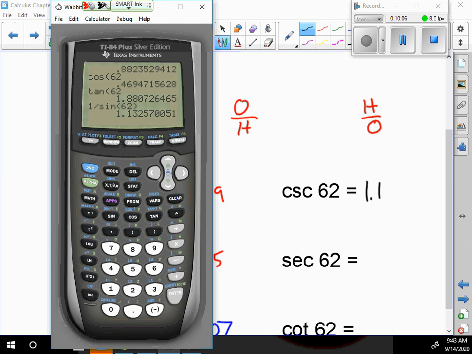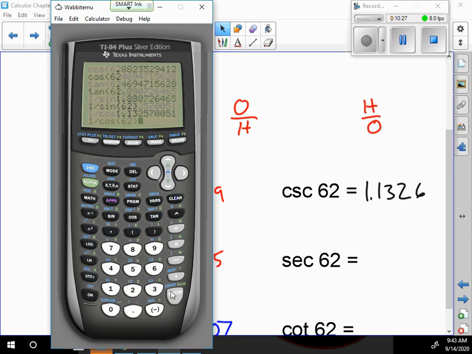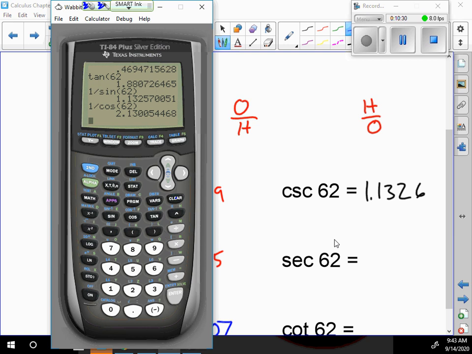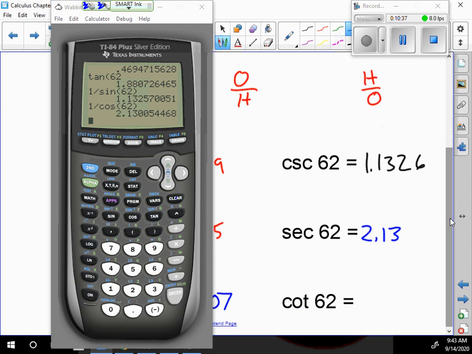So that's 1.1326. Same thing for the secant. 1 over the cosine of 62 will give us that value. So I get 2.13. And then 1 over the tangent will give us our final value here.